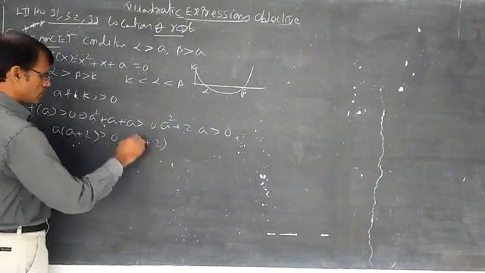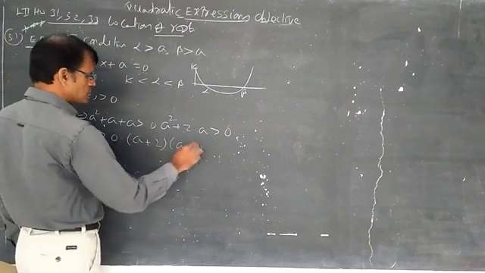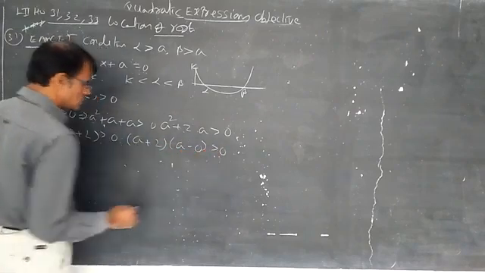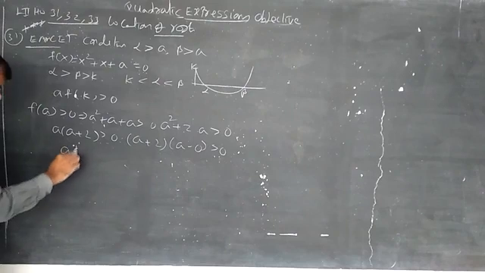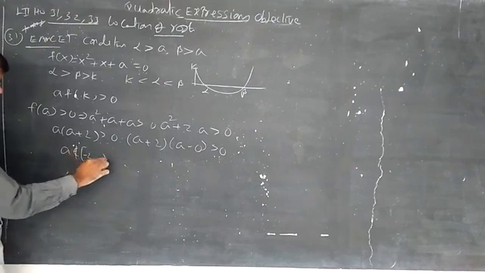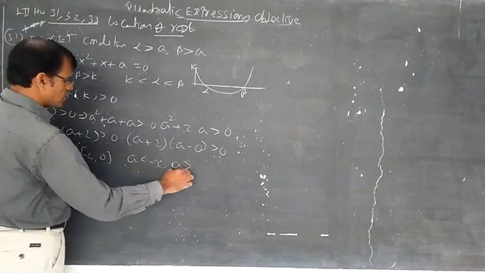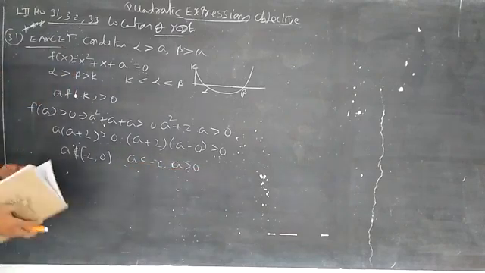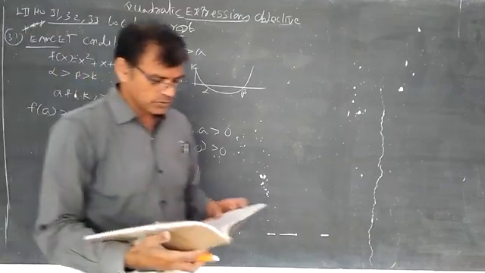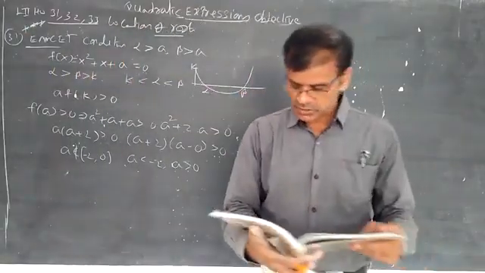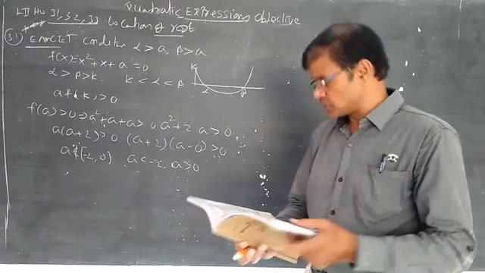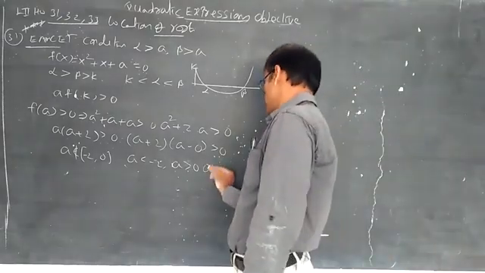Try to understand properly: a plus 2 into a minus 0 greater than 0. So a belongs outside minus 2 comma 0: a less than minus 2, a greater than 0. If the option is verified, simply you leave it. A less than minus 2, 31st question, 4th option. Simply write option 4.